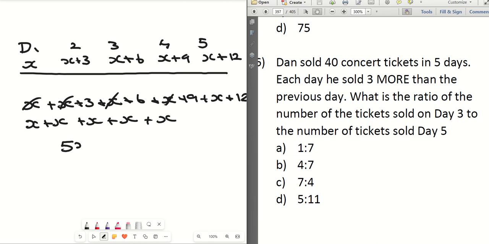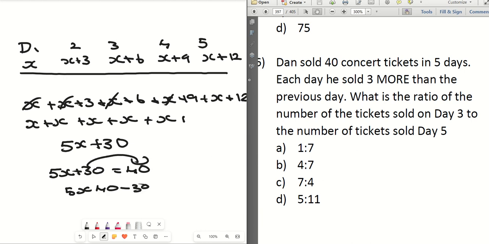And that's 5x, and then let's go 3 plus 6 is 9, 9 plus 9 is 18, 18 plus 12 is 30, right? So it's 5x plus 30 is equals to 40 tickets. So 5x, we make x the subject, you carry across 30, that's 40 minus 30 is equal to 10.